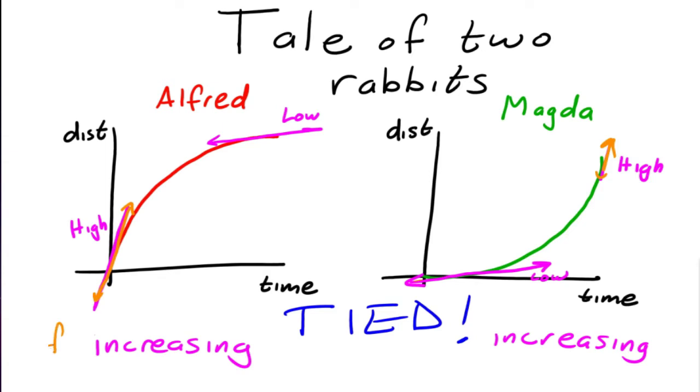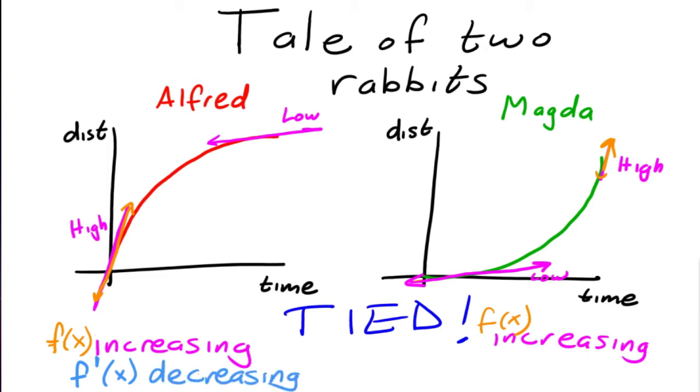the function is increasing and the function is increasing, the slope of the tangent line, let me use a different color actually. Let's do blue. The slope of the tangent line, or the derivative, is in this first case decreasing.